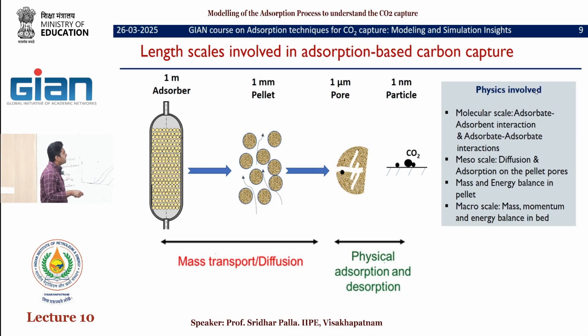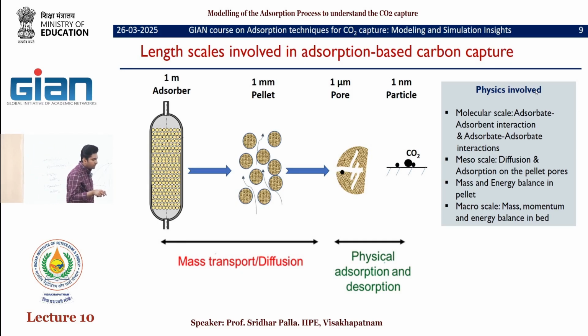Then we have pellets where the gas is diffusing through the voids of the pellets inside the bed, and in the pellet we have pores: macropores, and also inside the particles there are micropores. At the particle level, less than a nanometer, in the angstrom scale, we see how the CO2 interacts with each other, and also how CO2 interacts with the adsorbent.